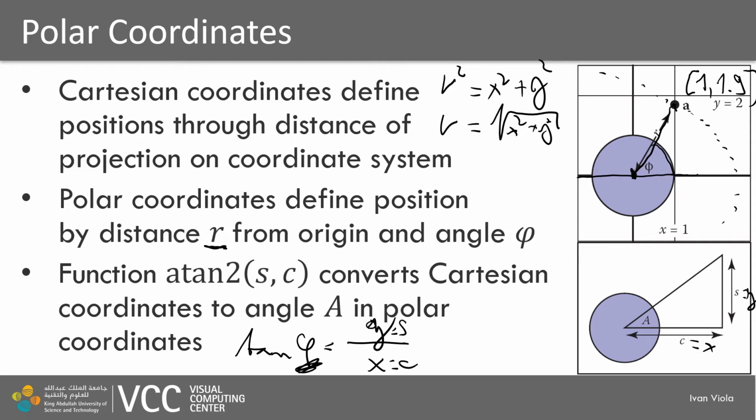We also have another very practical function, called the atan2 function, so phi equals atan2 of S and C. So of the length of the opposite side of this triangle versus the adjacent side, whether it is called S and C or Y and X. It doesn't really matter.